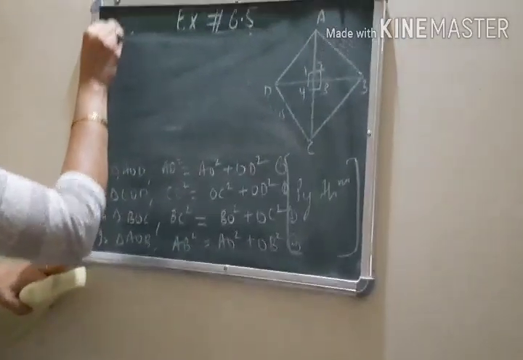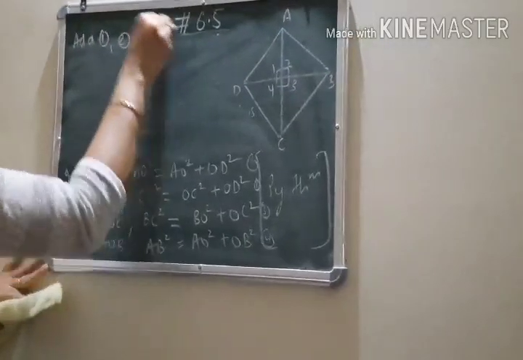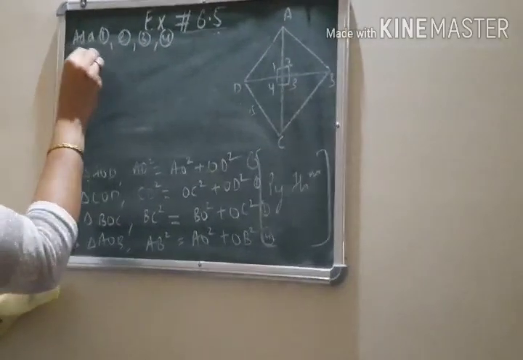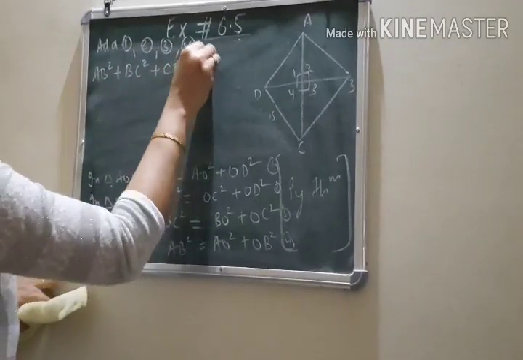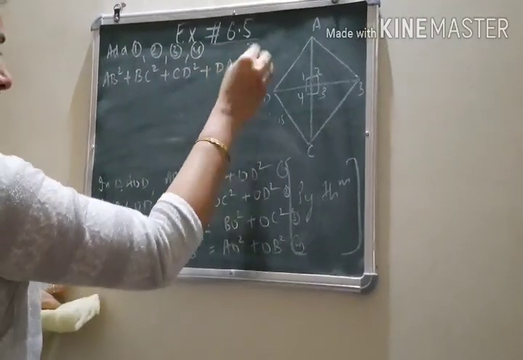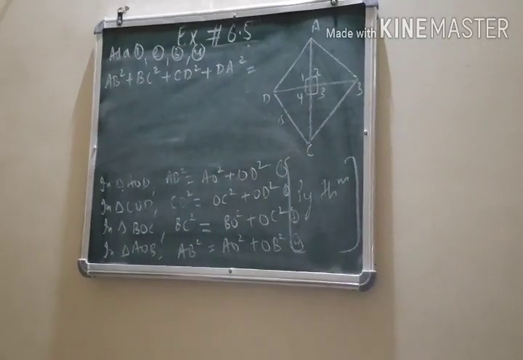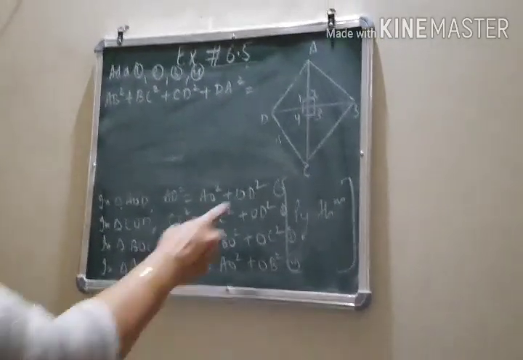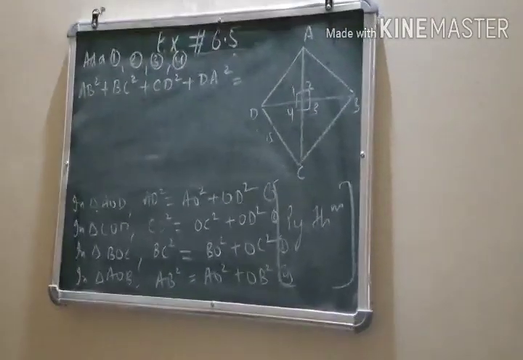When I add, it is AB square plus BC square plus CD square plus DA square. Now, for the RHS I want only AC and BD. For the RHS, all these are to be changed into AC square plus BD square.